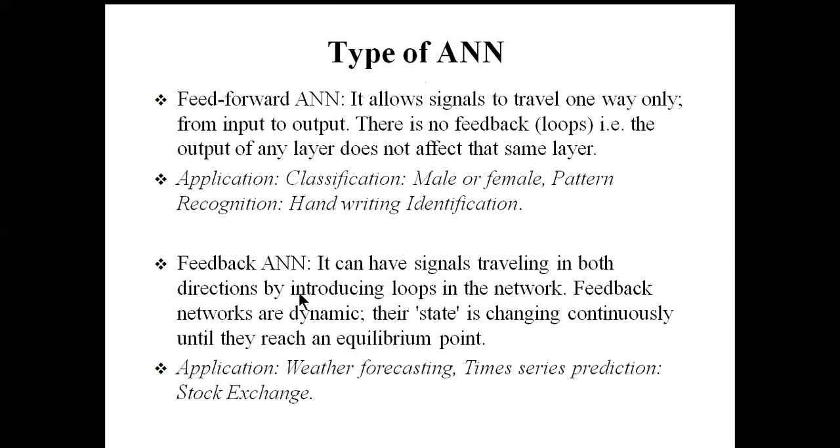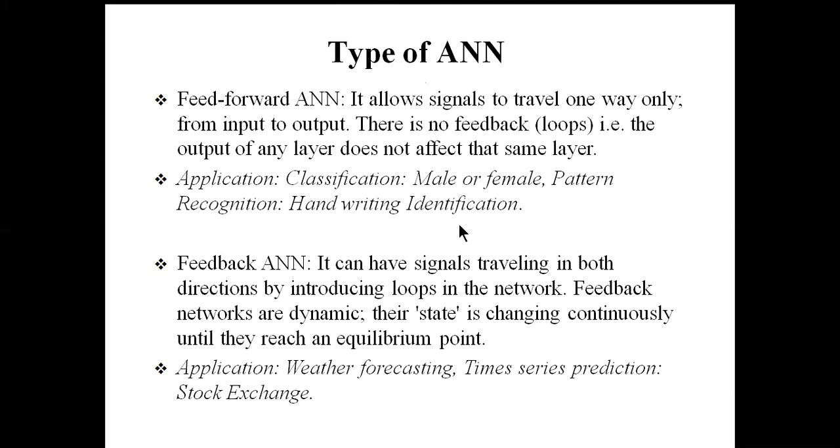Now, coming to the next slide, the classification of ANN. We can classify ANN into two types based on feedback, or on its signal travel. The first is the feed forward artificial neural network, and the second is the feedback artificial neural network.